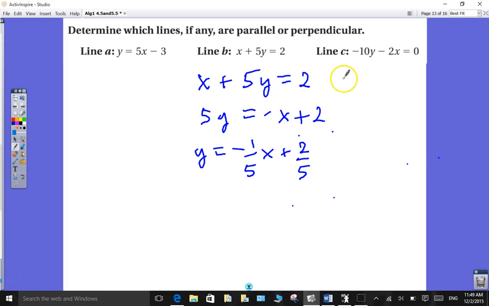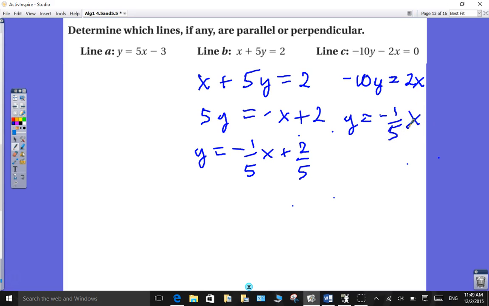So I've got negative 10y equals 2x. Divide by negative 10. What's 2 over negative 10? Put it in a calculator. Make it a fraction. Math, enter, enter. Negative 1/5, right? So this is actually y equals negative 1/5 x.